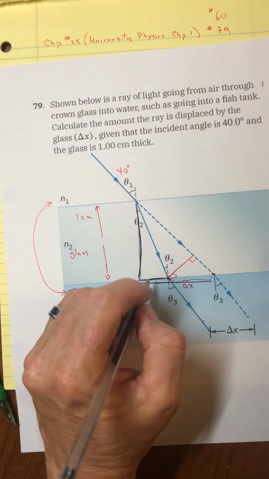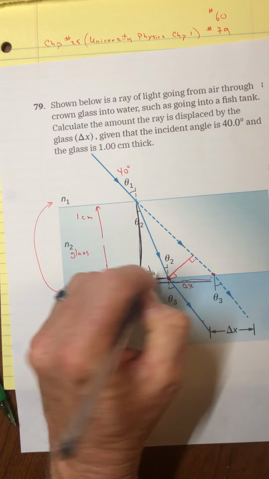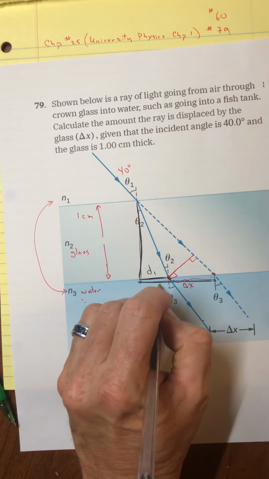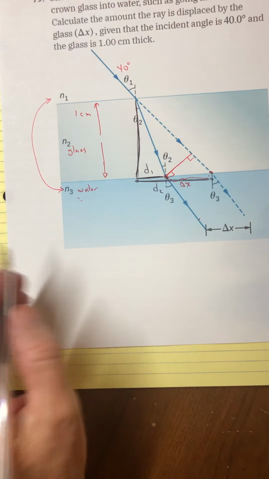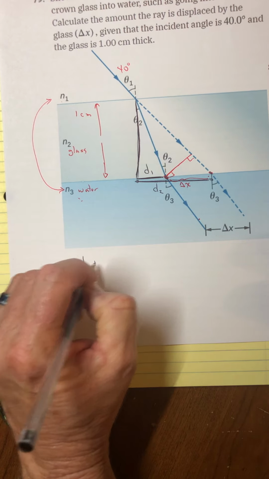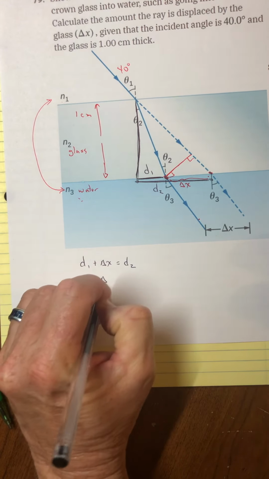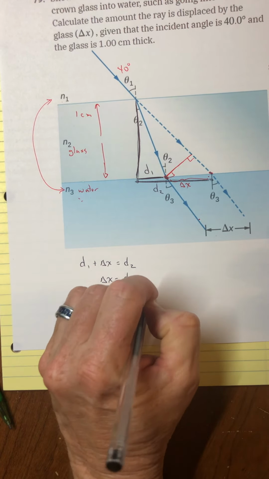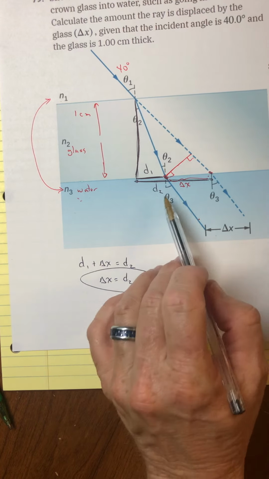Maybe I will call this a distance 1, and then from here out to here, I'll call it a distance 2. What I'm trying to get you to see then is that D1 plus the delta x is the D2. That is, what we're hunting for is delta x, and I could get that if I get the D2 and the D1.